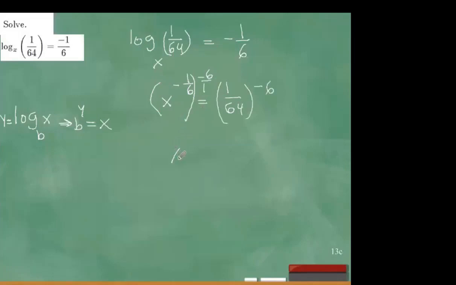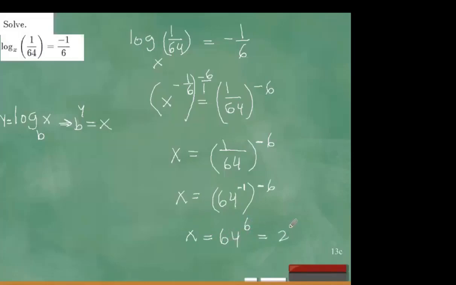So x would then be equal to 1 over 64 to the power of minus 6, which is equal to 64 to the power of minus 1, and if I move this to the top of the fraction to the power of minus 6, it would be equal to 64 to the power of 6. Now, 64 is 2 to the power of 6. To the power of 6, you could write the whole thing as 2 to the power of 36. That's one way to write it.